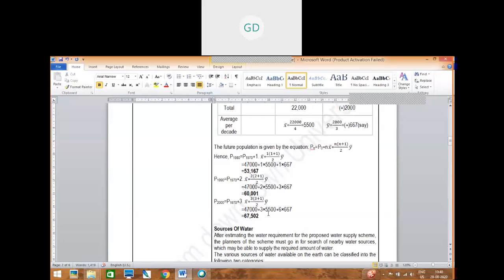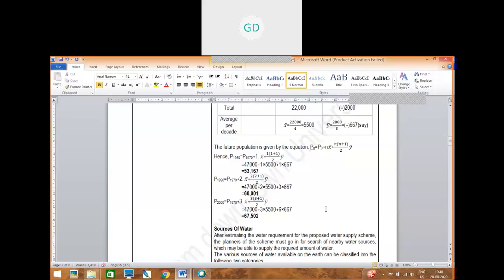Okay, done. I hope everyone has completed the numerical. Everyone has got the answers. If not, I am showing you this one, just see the calculations. Very easy. So we have completed your population forecasting: three methods, your arithmetic increase method, geometric increase method, and incremental increase method.